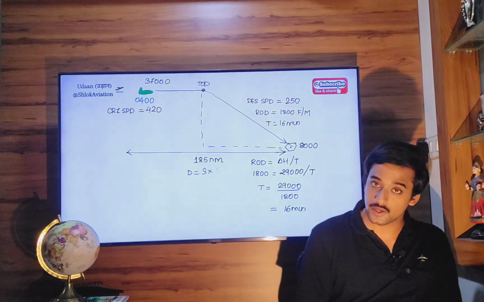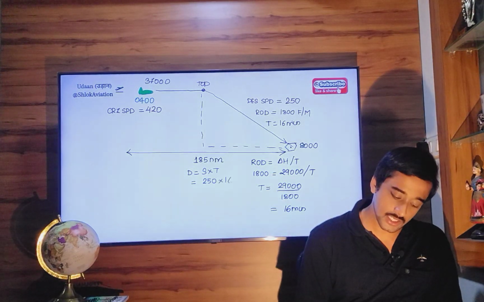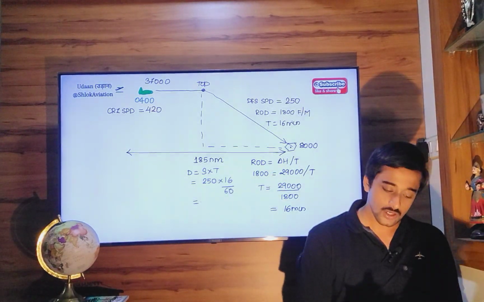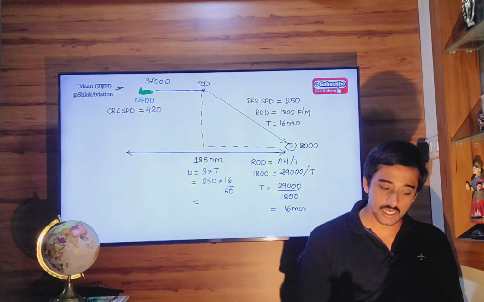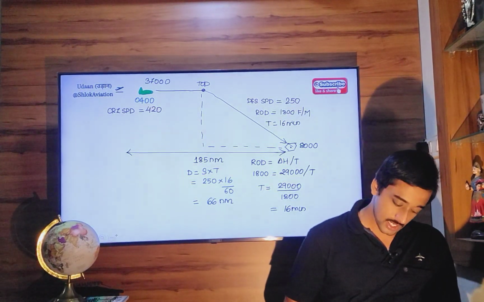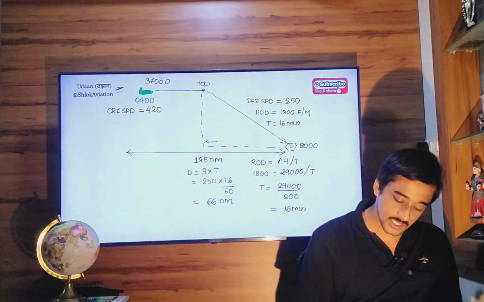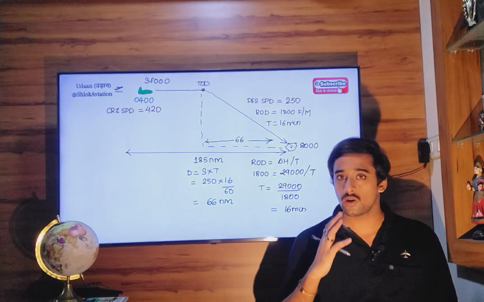Distance is speed into time. So descent speed 250 times 16 minutes divided by 60 hours. So 250 into 16 divided by 60 is 66 nautical miles. So that means you cover a total distance of 66 miles in descending from higher level to a lower level.